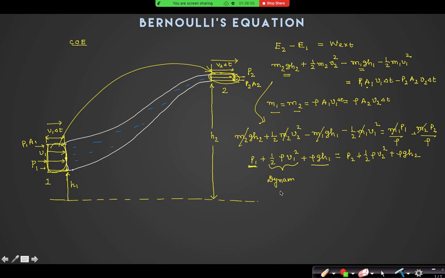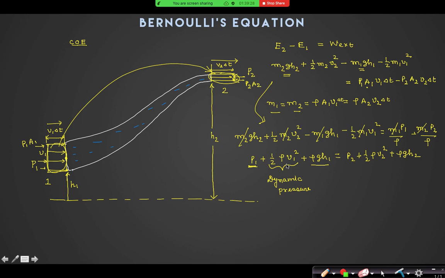Look, all the dimensions are of pressure or not? Since you are adding, out of that P1 and rho GH1, these we have already studied in hydrostatics. But have we seen this pressure earlier in the hydrostatic part? No. But that is also a pressure.